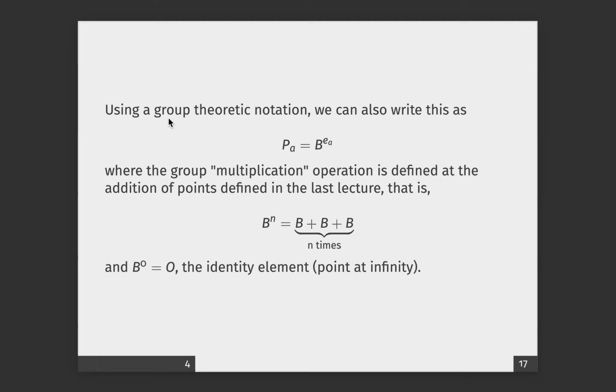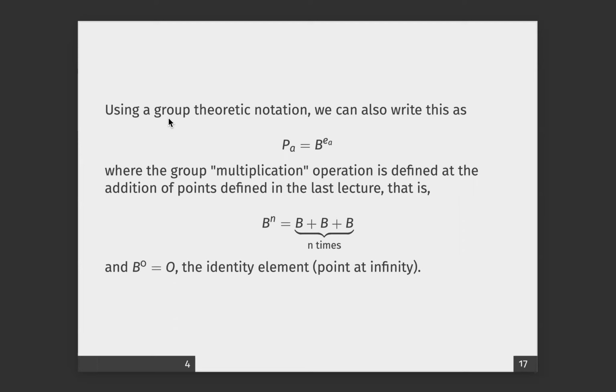A group is just a set of objects which have an operation called multiplication, but the multiplication here is just a name that we give to the operation. It doesn't need to be the usual multiplication that we know. It's just the name of the operation.